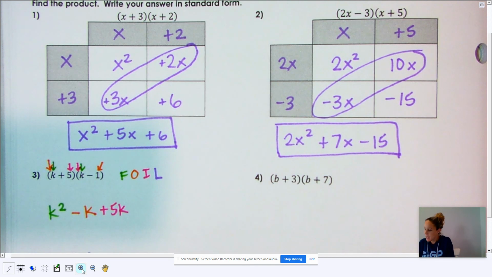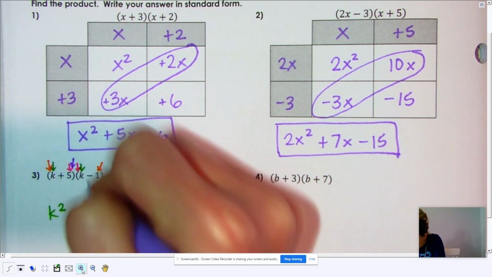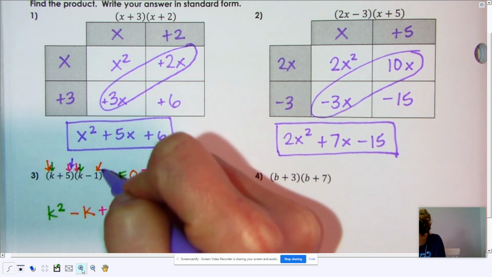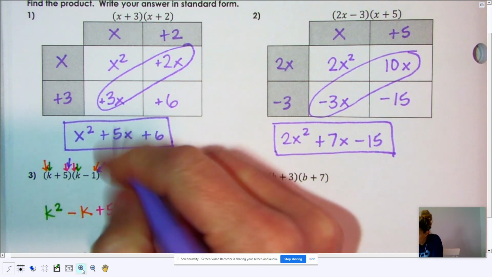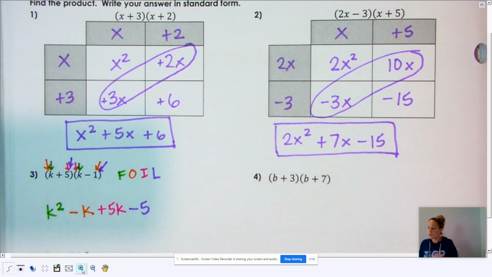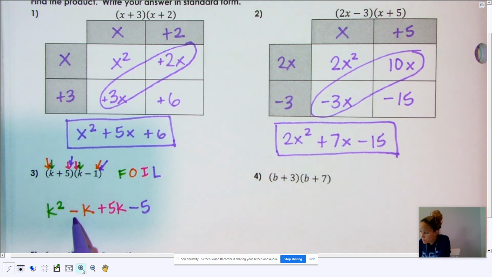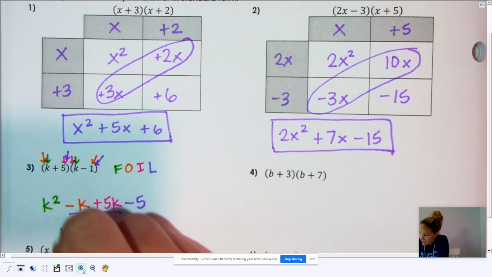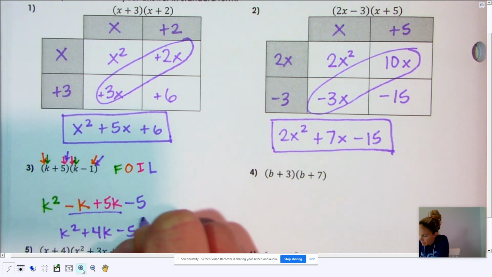And then the L stands for the last one. So the last would be the 5 is the last in this binomial, and the 1 is the last in that binomial. So 5 times negative 1 would be negative 5. Well, you can tell I haven't simplified yet. I still have these two terms that are alike. So I'm going to write k squared plus 4k minus 5.